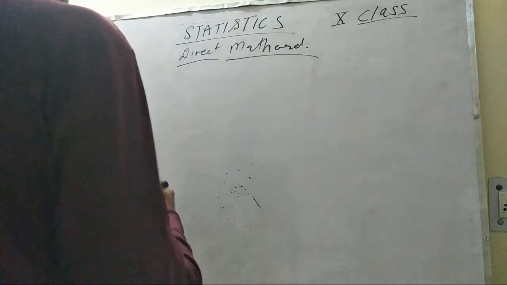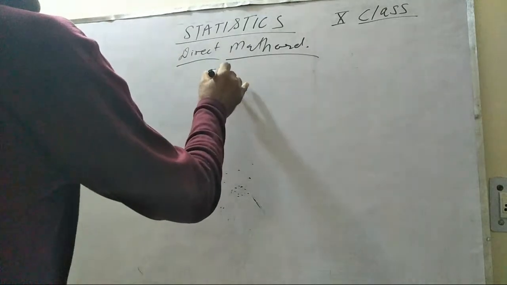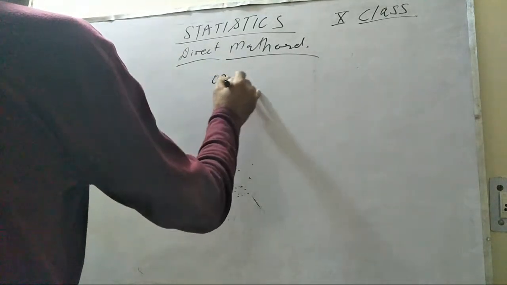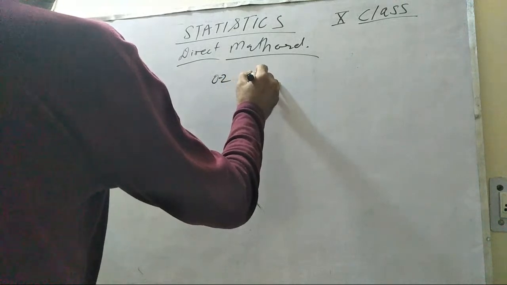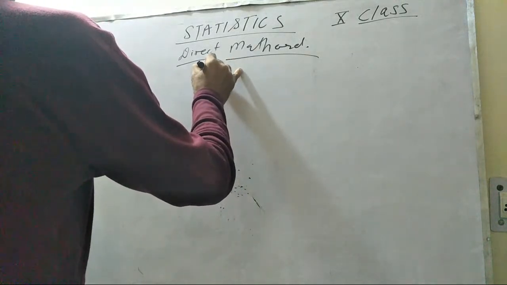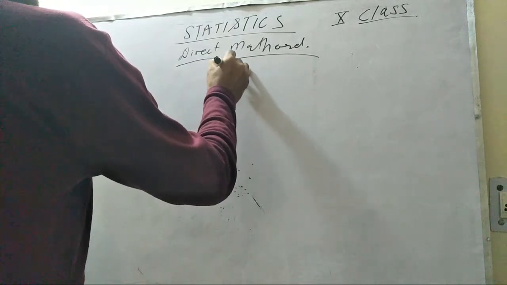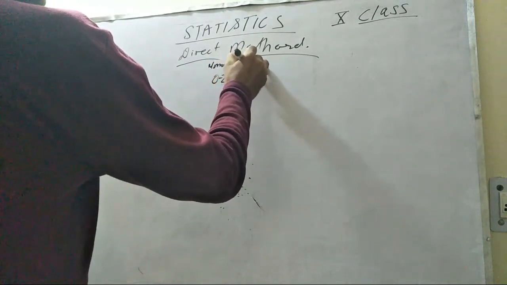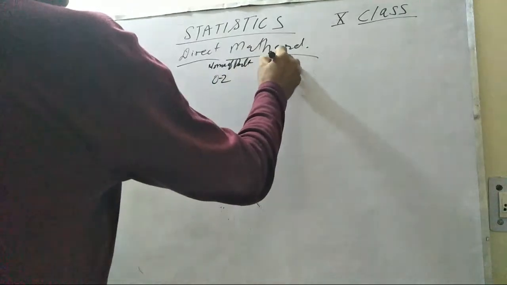Let the class interval 0 to 2 have frequency, इसके अंदर number of plants, and number of houses.